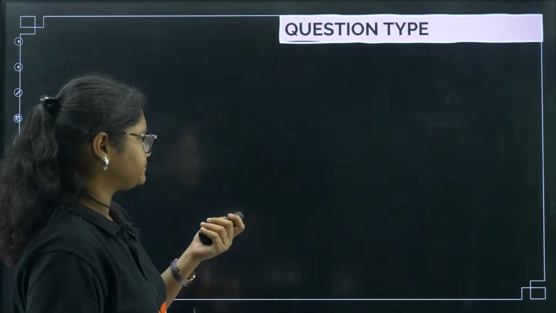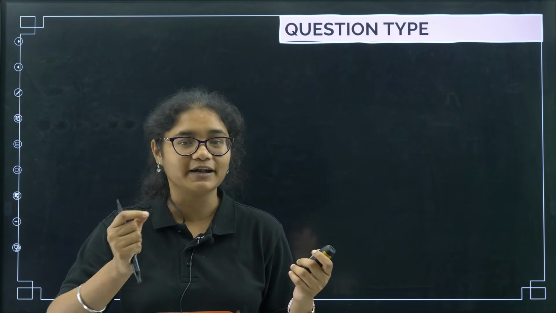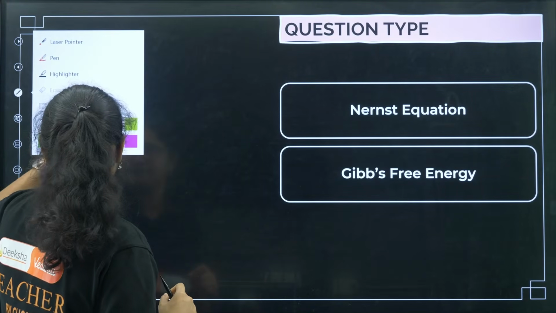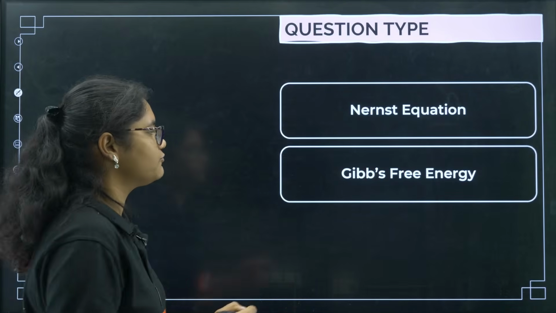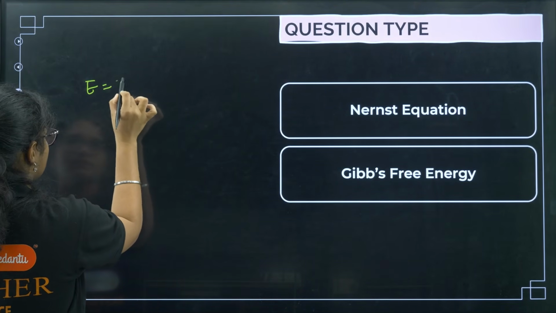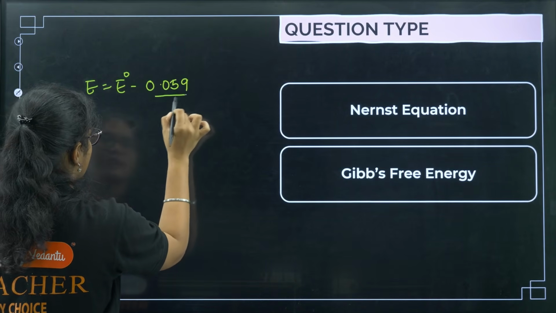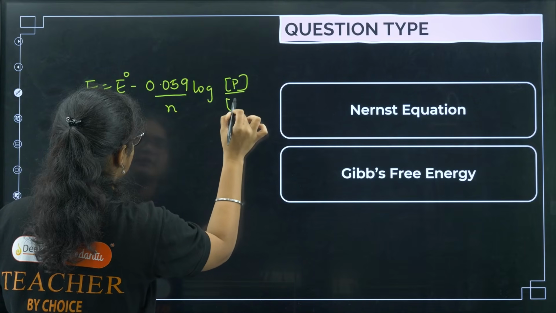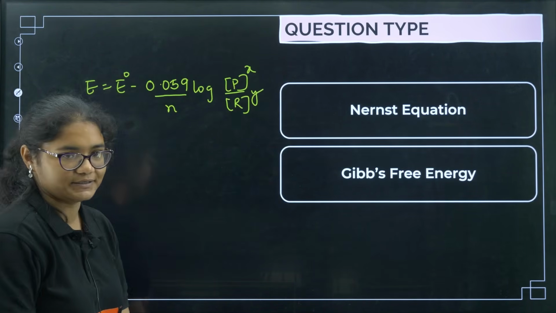So first of all, in chemistry, in which type of questions can we expect log and anti-log? These are the topics from where you can expect log and anti-log. If you remember the Nernst equation, what is the Nernst equation? We have E of the cell is equal to E naught of the cell minus 0.059 by n log of product concentration by reactant concentration, raised to the power of the stoichiometric coefficients, right?